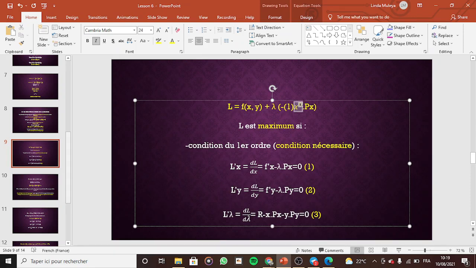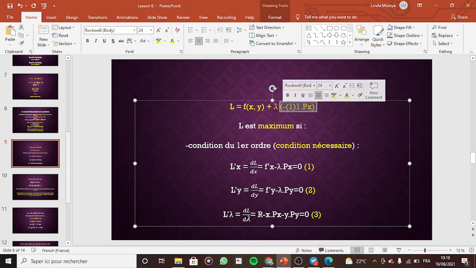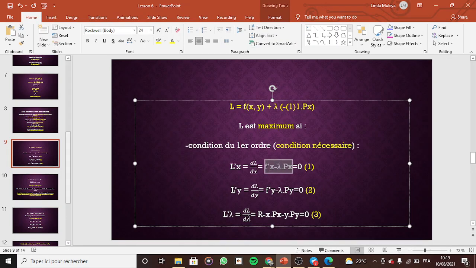And so we'll eliminate this entire thing, and we just have 1. So it becomes negative 1 multiplied by 1 multiplied by the price of x. And everything here will be multiplied by Lagrange. And that's how we came to our first condition here: f of x is equal to negative Lagrange multiplied by price of x is equal to 0.